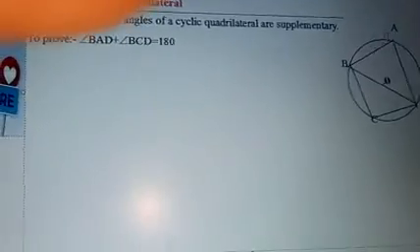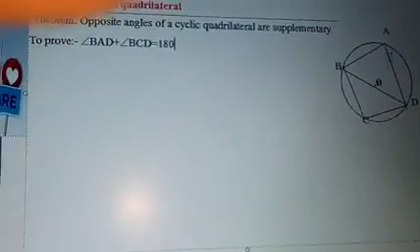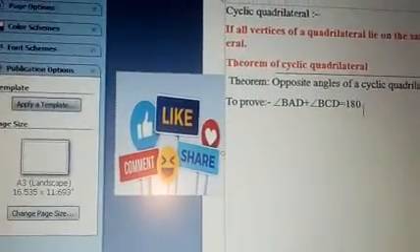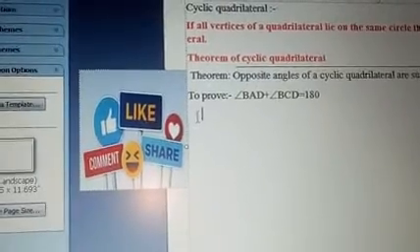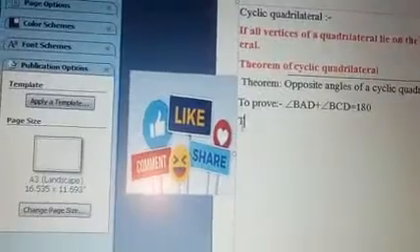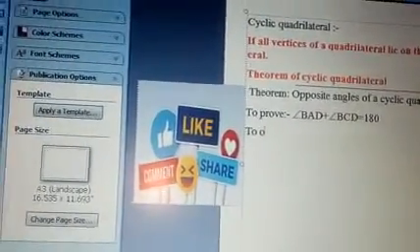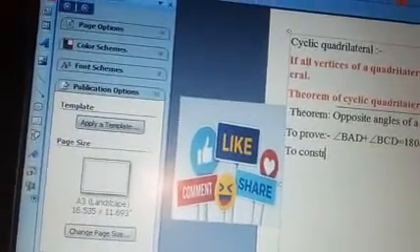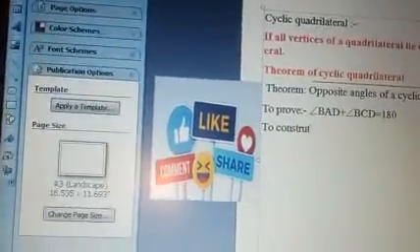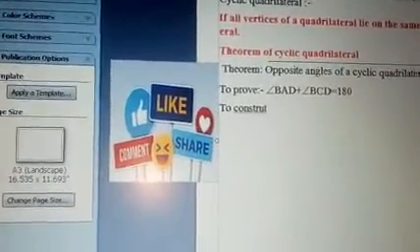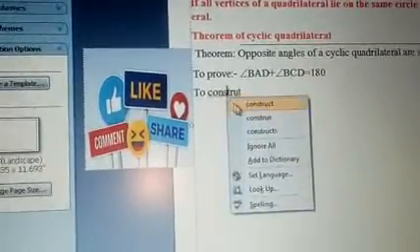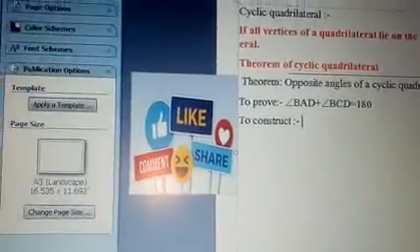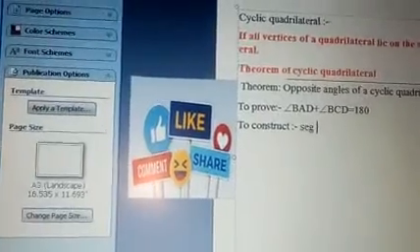You can see in the diagram, angle A and angle C are opposite angles to each other. So we have to construct the segment BD.